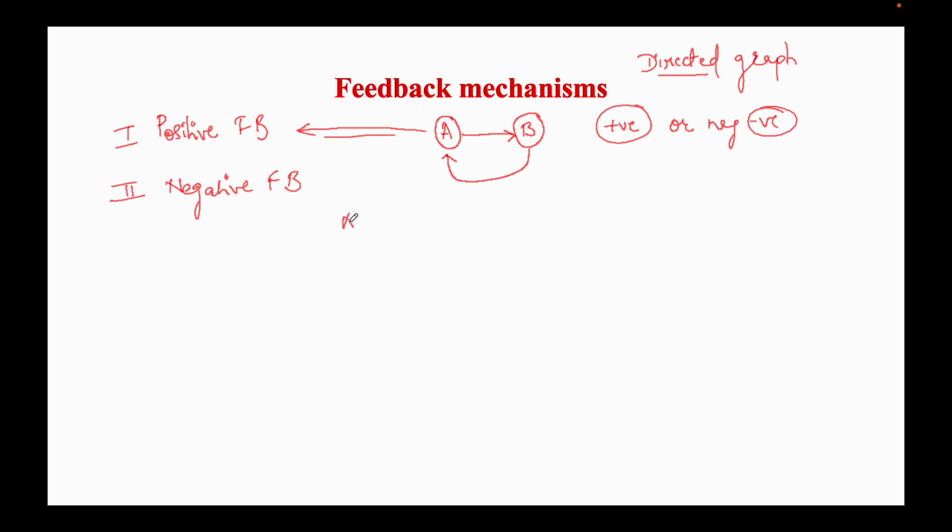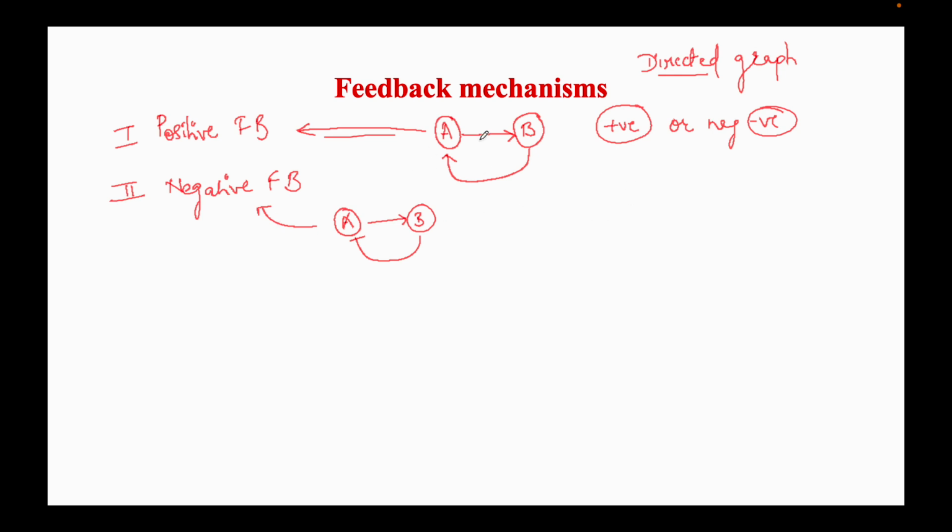Whereas in negative feedback mechanism, if node A activates node B and further this activated node B inhibits, so this is the hammerhead arrow which represents inhibition, and this inhibition is negative feedback mechanism.